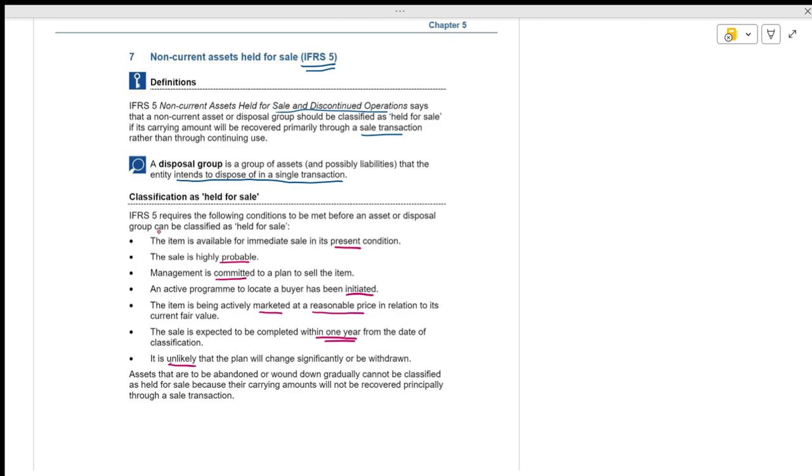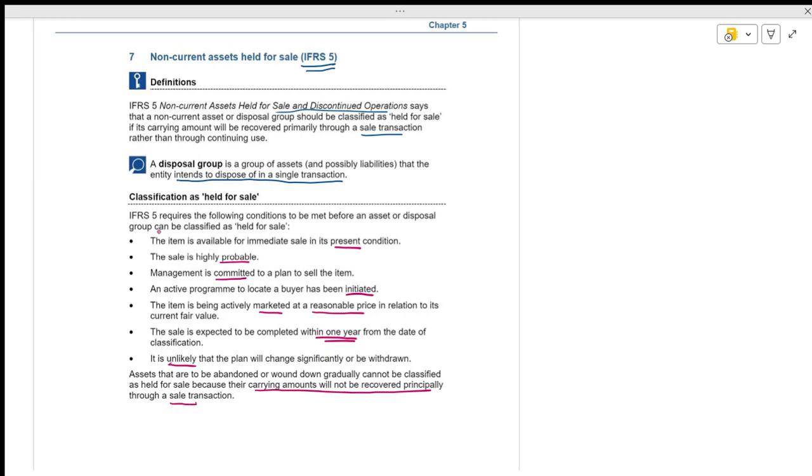It means that if any one of these conditions is not satisfied, then it is not related to IFRS 5. Assets that are to be abandoned or wound down gradually cannot be classified as held for sale, because the carrying amount will not be recovered through sale.